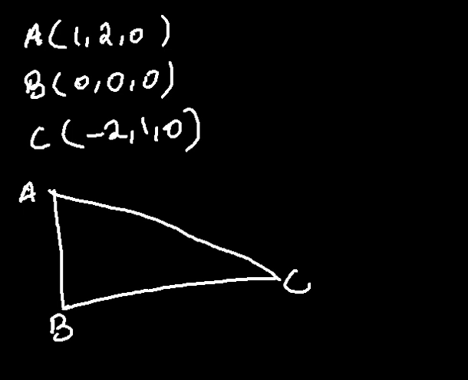So what I want to do is calculate vector AB, vector BC, and vector AC. This will really help me map forward what is to be done.